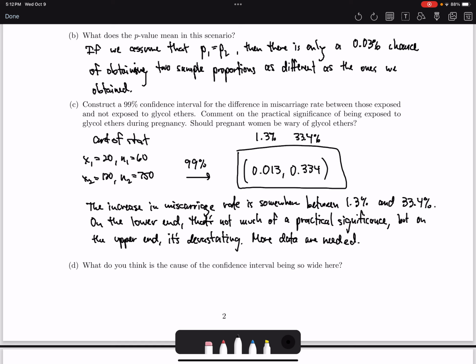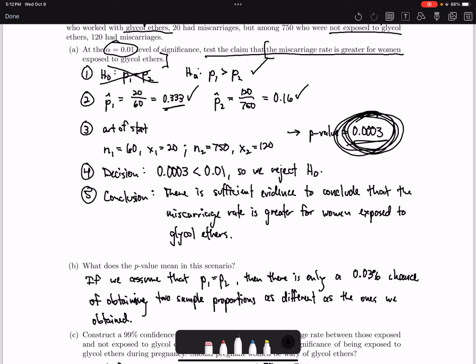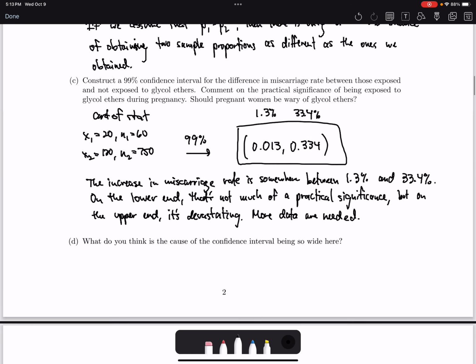It says, what do you think is the cause of the confidence interval being so wide? And I think it's small sample sizes. I think that's the issue here. This sample size for group 2 is a good sample size, right? 750, that's a good sample size. But this sample size for group 1 is a little on the small side, and I think that's why we're not getting very specific results from our confidence interval.